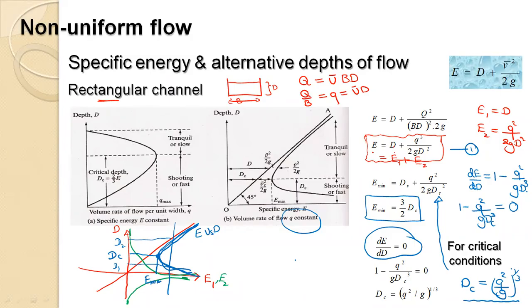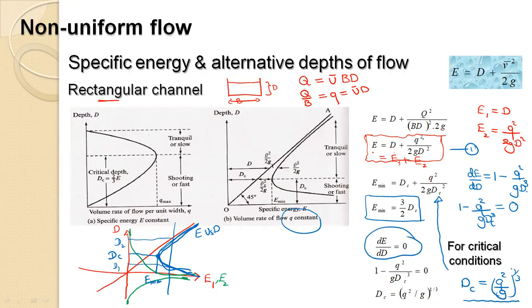If you want to go ahead with any other section, then you have to start with the initial conditions and do the derivation accordingly, right? Q divided by BD is only applicable for velocity when it is a rectangular cross section. If you have a trapezoidal or triangular section, then the velocity will not be given by Q divided by BD, so it could be a different expression.